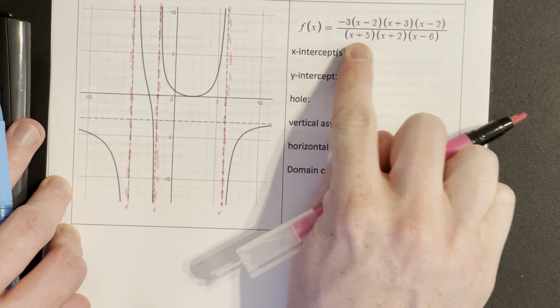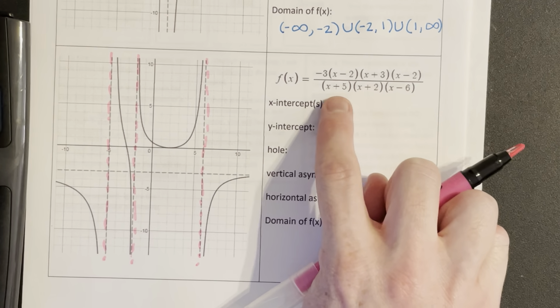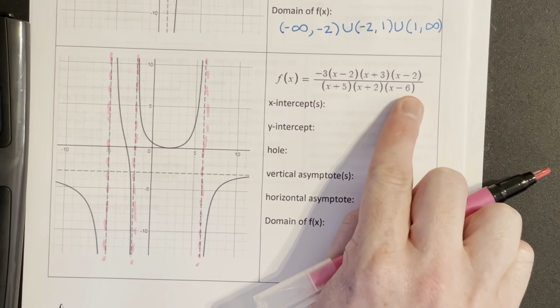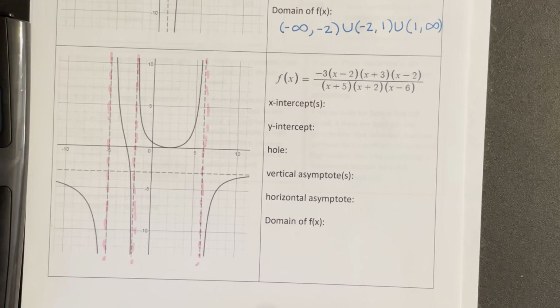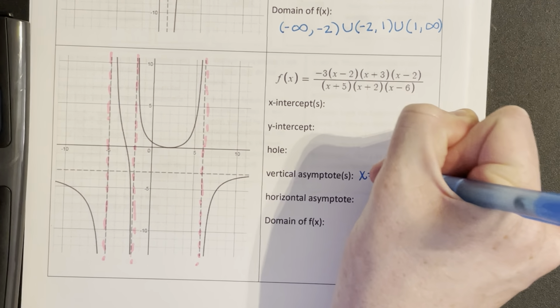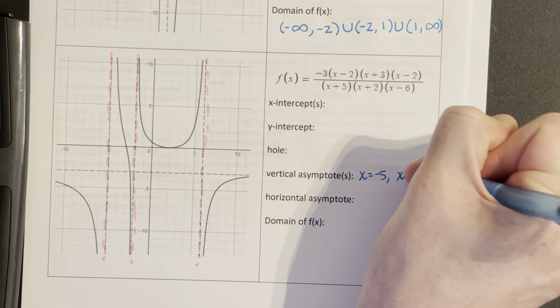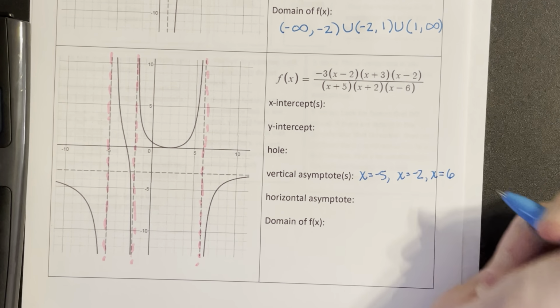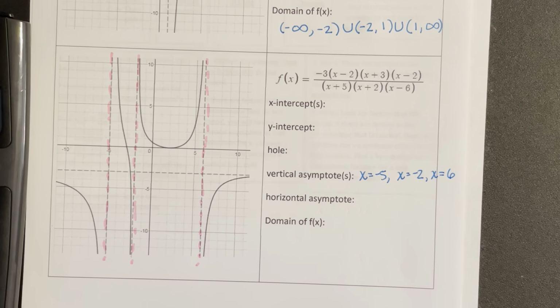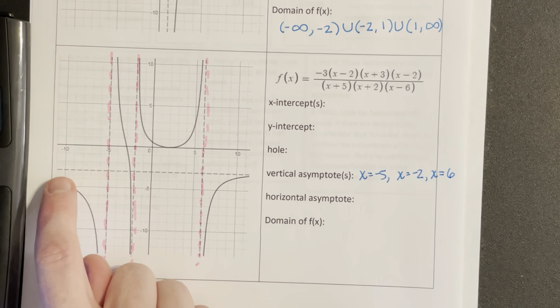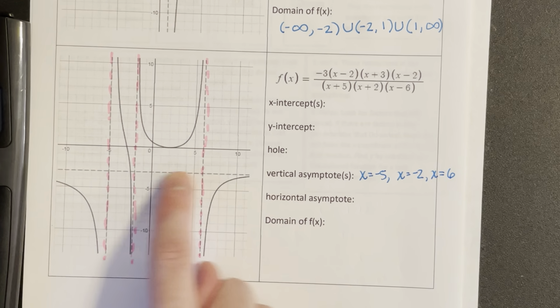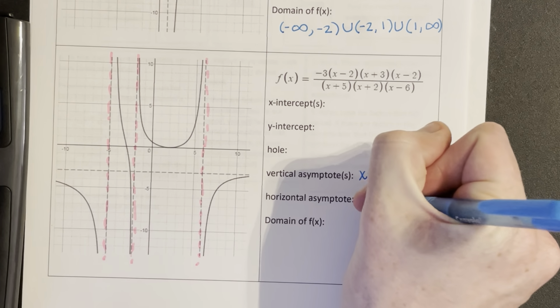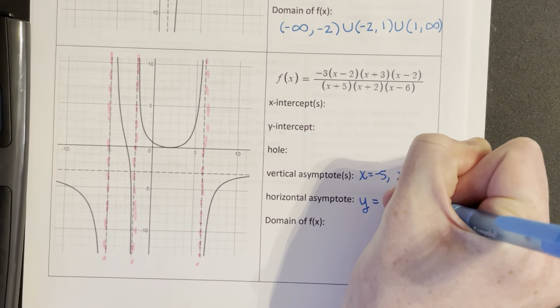So if you notice what's happening in the denominator, all of these factors in the denominator are creating these vertical asymptotes. So there's one at x equals -5, another at x equals -2, and another at x equals 6. The horizontal asymptote is happening here at -3, but it's on the y's, so that would be y equals -3.